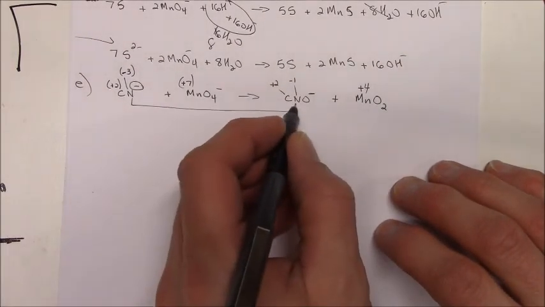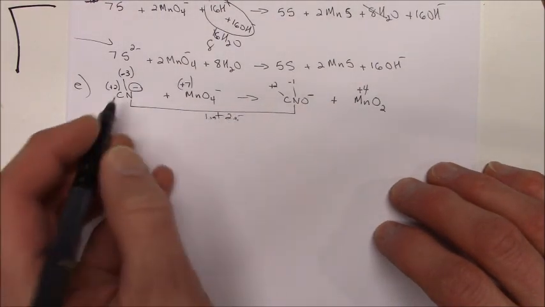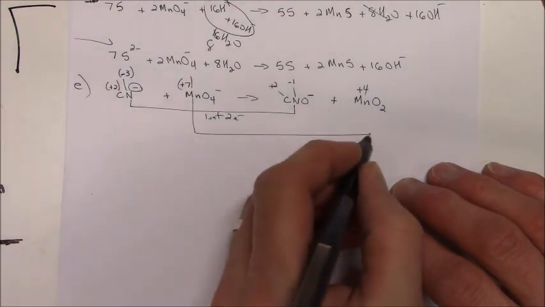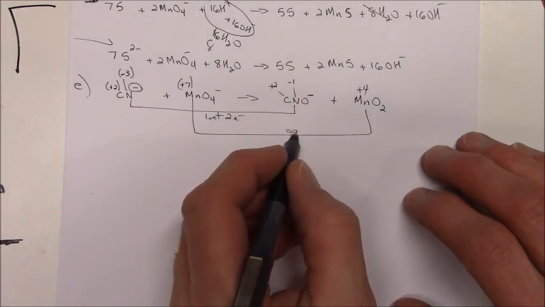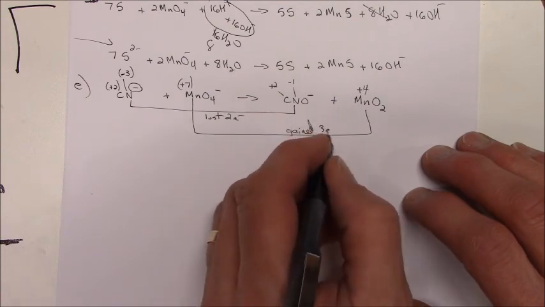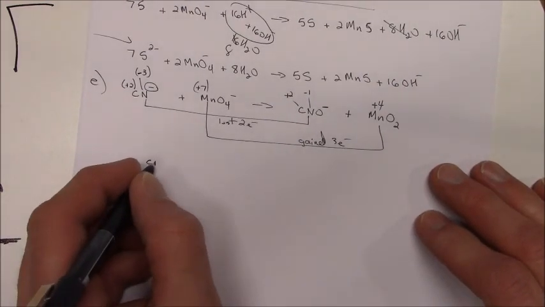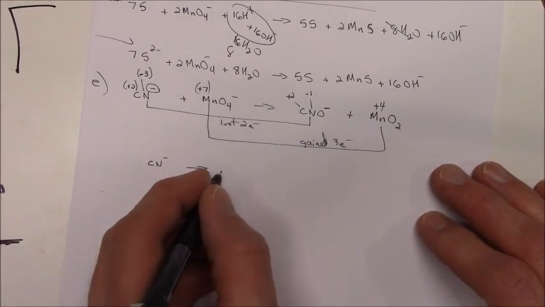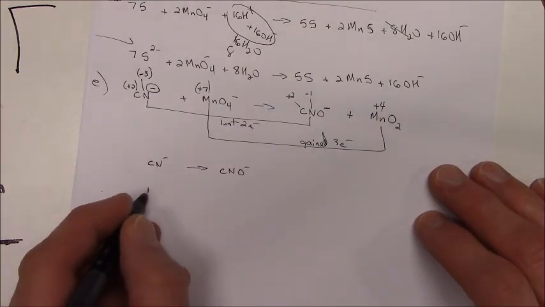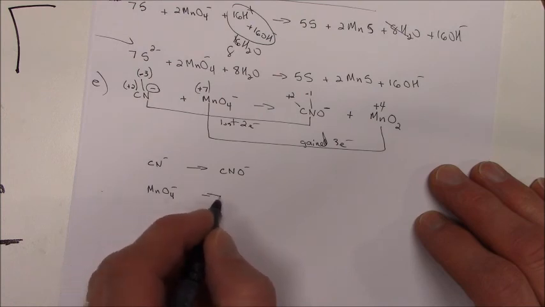That nitrogen lost 2 electrons. This manganese gained 3 electrons. So we go CN minus, and then we go manganese, permanganate.